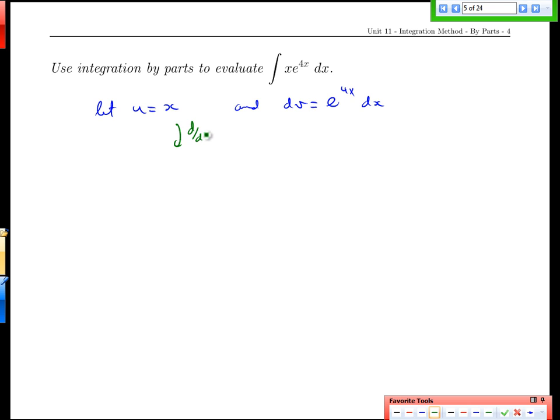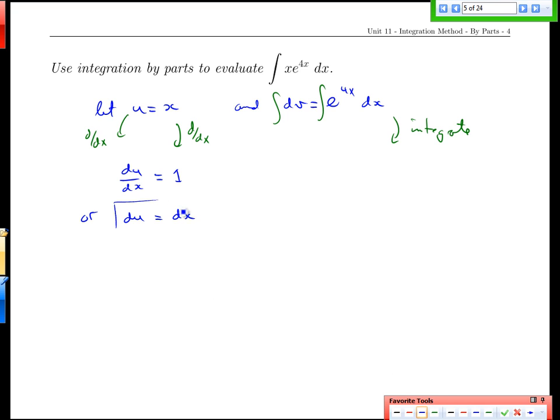Our next step is to fill in some relationships. We have u, but we need du, so we're going to differentiate this on both sides. And we're also going to integrate both sides of this. And we'll see what we get. So we're going to get du dx is equal to 1. Or we can rewrite that as simply du equals dx.